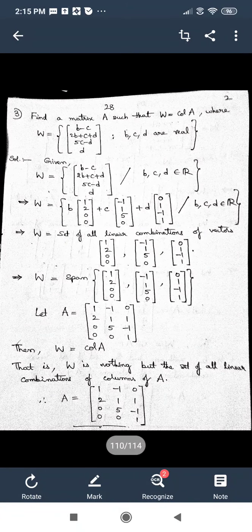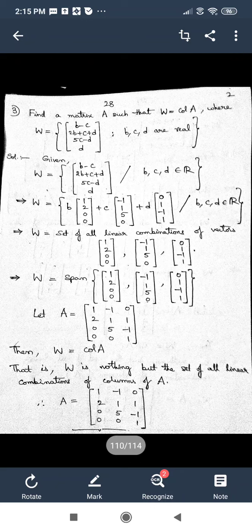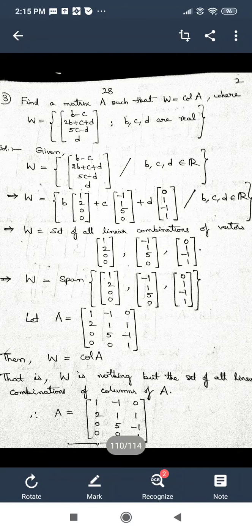Now we can see that this sum of scalar multiples of three vectors by three scalars b, c, d is nothing but a linear combination, and for various values of b, c, d, we get different linear combinations of these three vectors. That is how W can now be written as the set of all linear combinations of the vectors 1, 2, 0, 0; minus 1, 1, 5, 0; 0, 1, minus 1, 1. So this set W is now expressed as linear combinations of the three vectors.